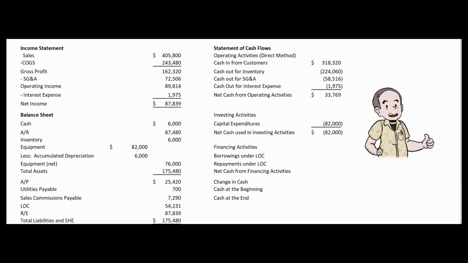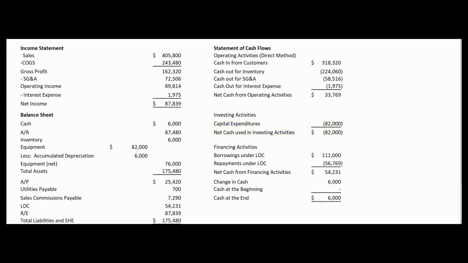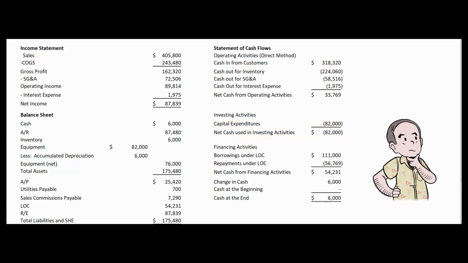Investing activities in this example are pretty straightforward. We spent $82,000 on October 1st to buy the equipment for our store. So that's $82,000 out. So our net cash used in investing activities is $82,000. Financing activities are things like borrowing money, repaying money, selling stock, and paying dividends.